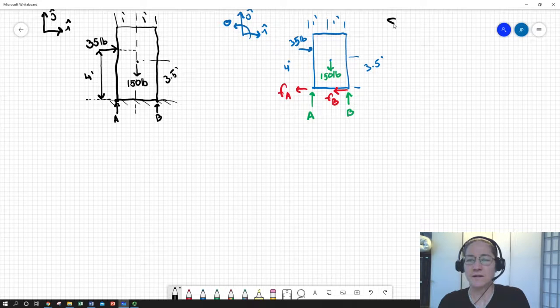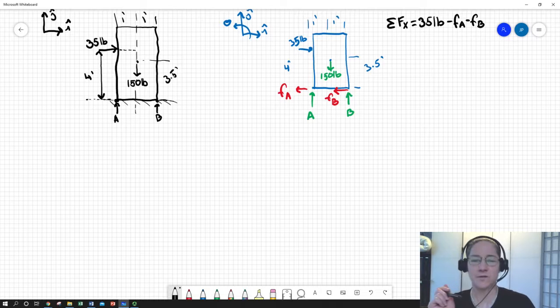Okay, so we can go ahead and sum this. We can say the sum of the forces in the x direction is, given our sign convention, going to be 35 pounds positive minus f sub a minus f sub b.